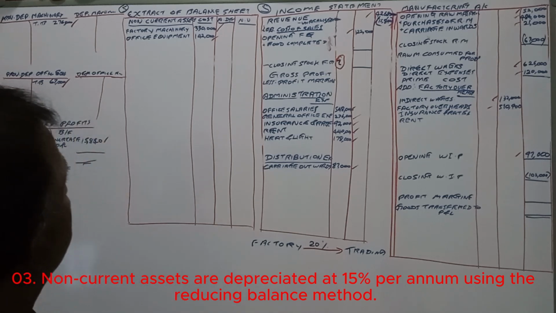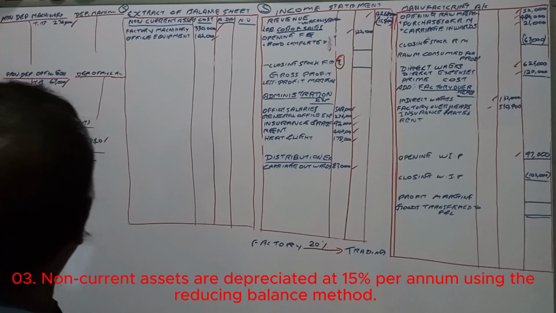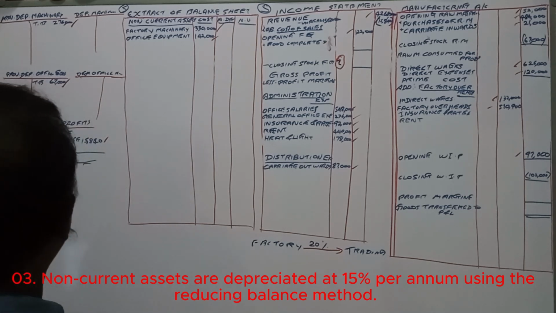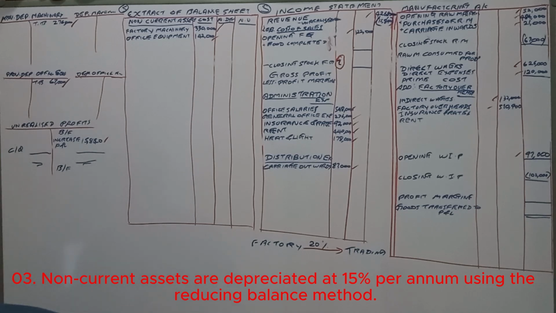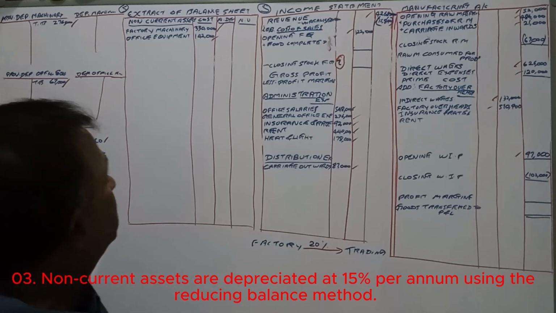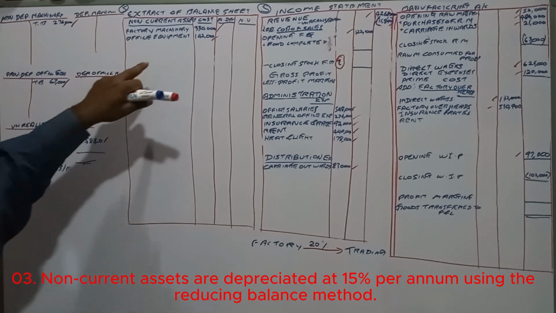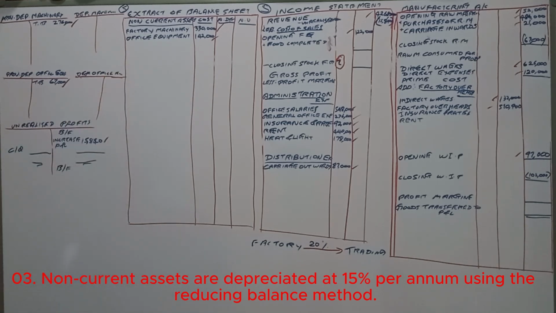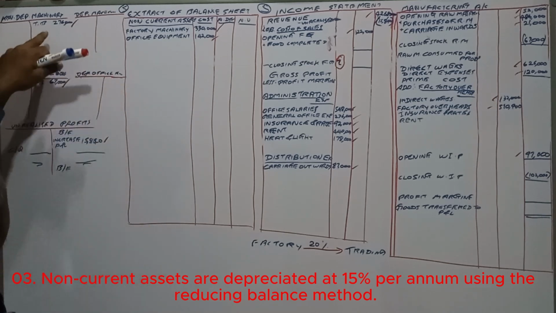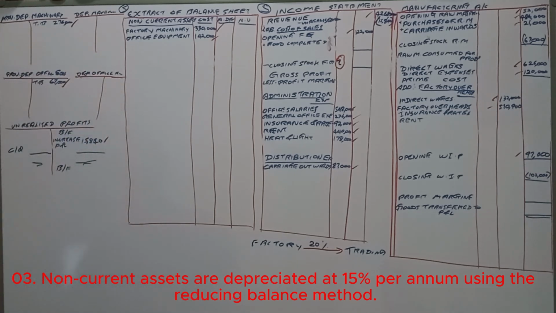This is 15% in reducing balance method, right? So here there is no point in opening the accounts, because what is the balance? 330,000 is the balance, right? Minus, we have to reduce the accumulated depreciation of 276,000.